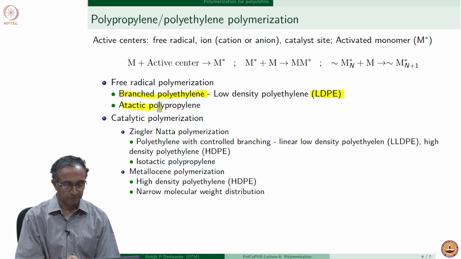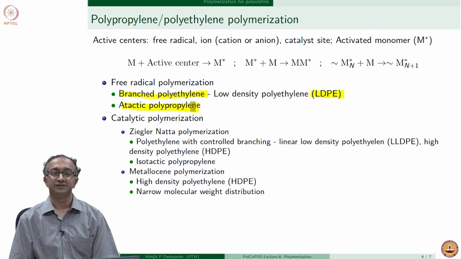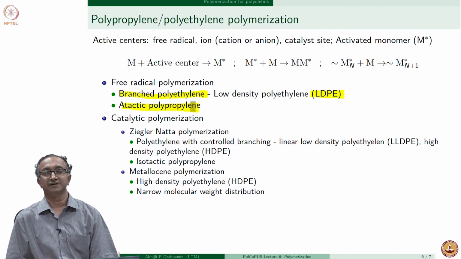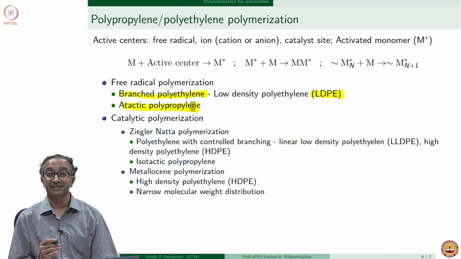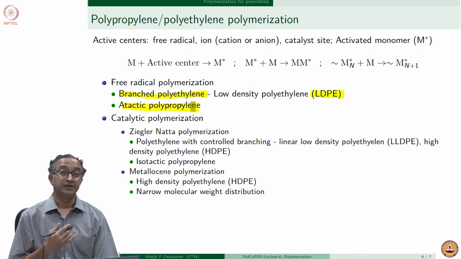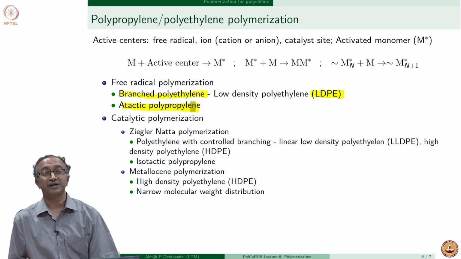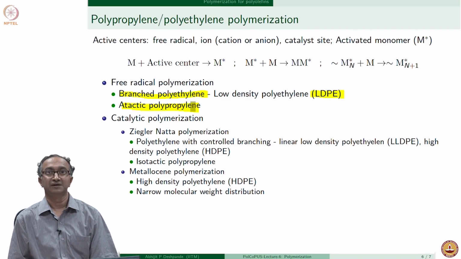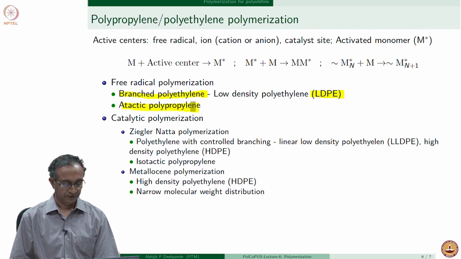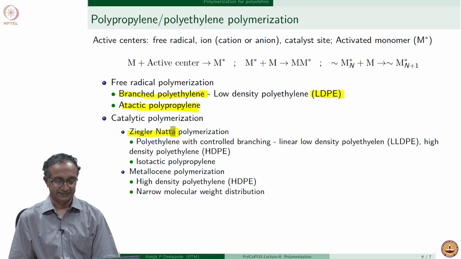And if polypropylene polymerization is done using free radicals, then we get atactic polymer, and properties of atactic polymer are inferior compared to isotactic polymer. That's why I said that the ability to polymerize polypropylene into isotactic polypropylene was a groundbreaking discovery, and that discovery was using Ziegler-Natta catalysis.